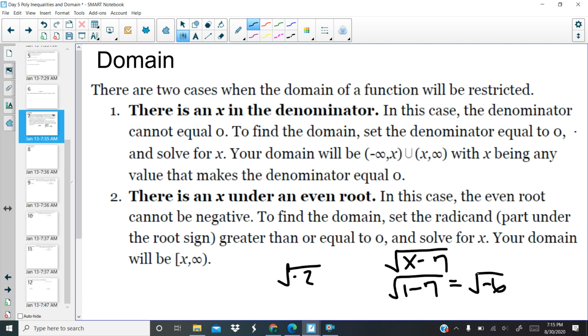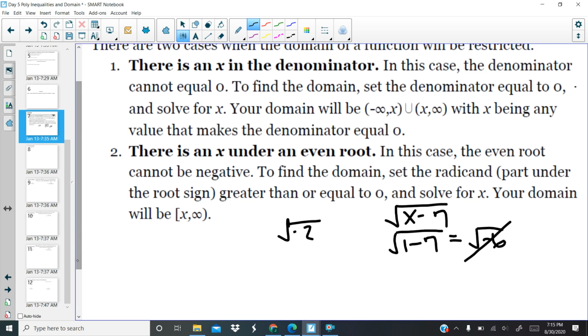Since you can't do that, you have to set the radicand, which is the stuff under the square root sign, greater than or equal to 0 in this case. Then you solve the inequality. In this one, x would have to be greater than or equal to 7, just so that whatever you plug into that square root sign doesn't come out negative.